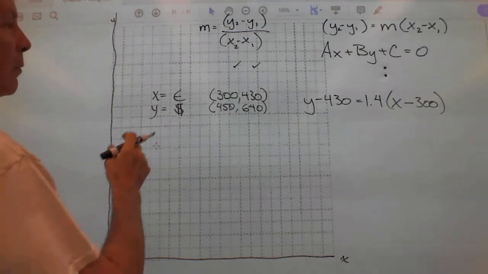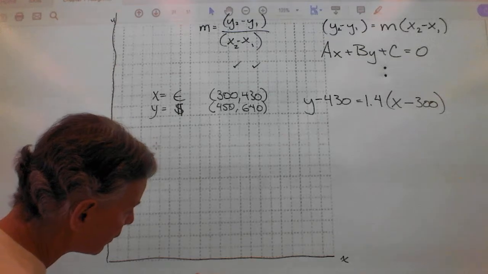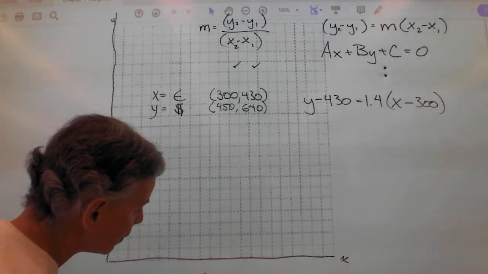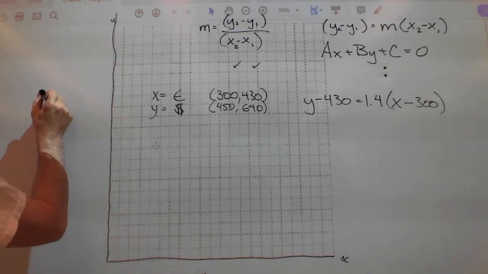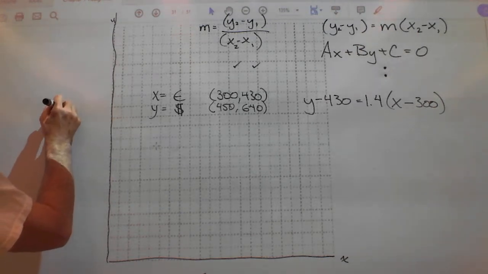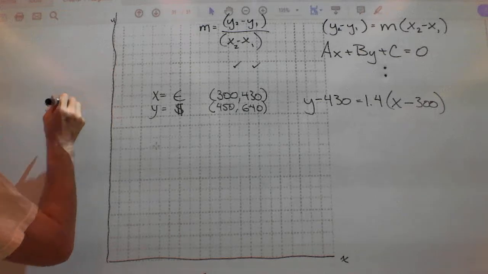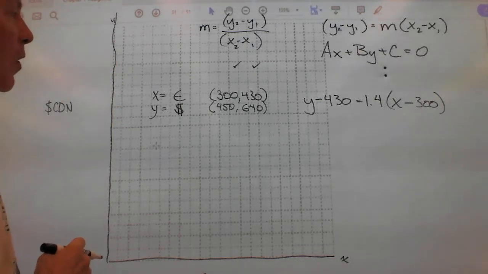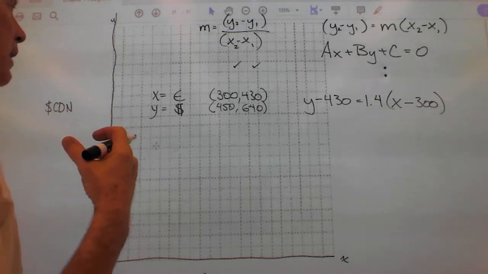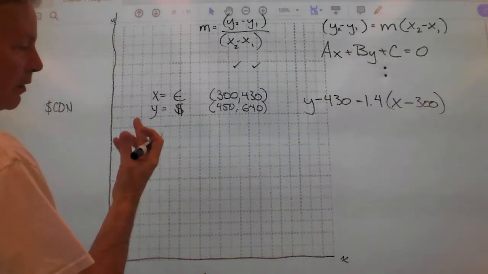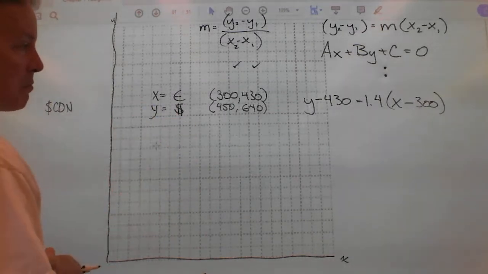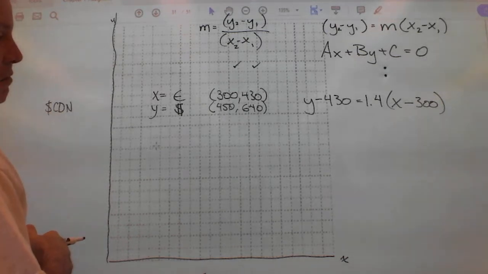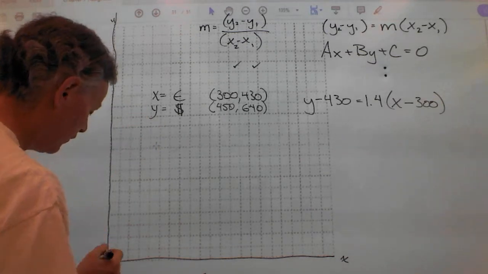Anyways, so my x is euros, my y is Canadian dollars, and let's start at 0 and we may as well go up by 50s, okay?